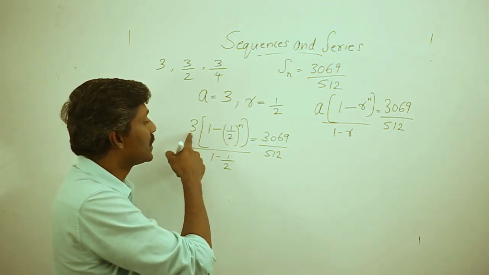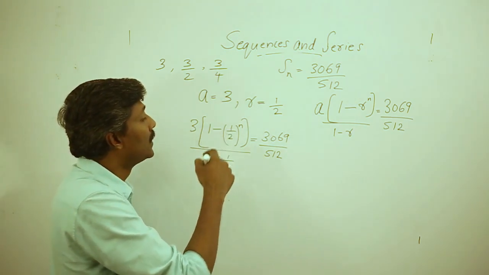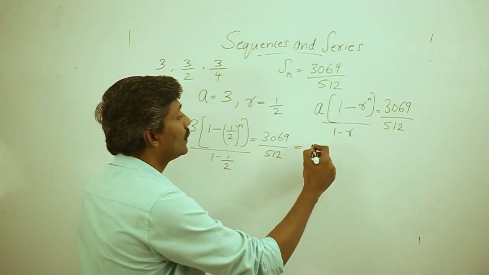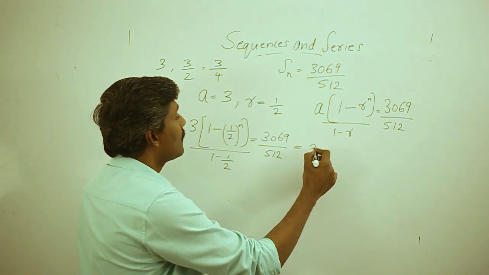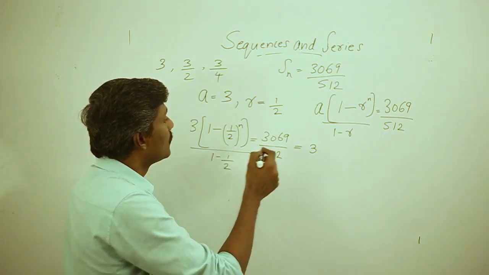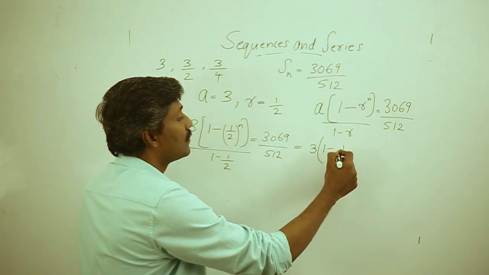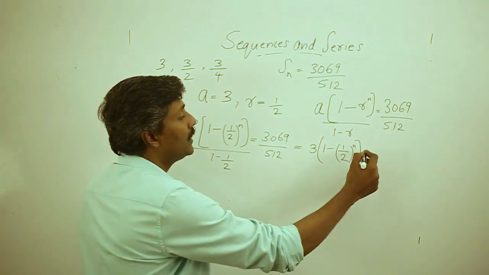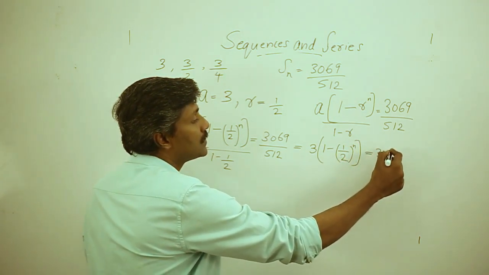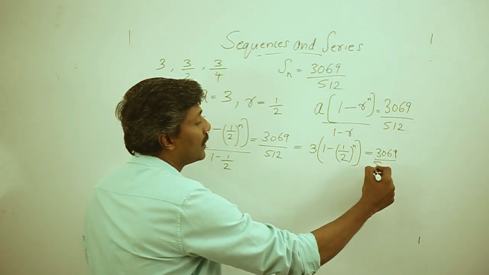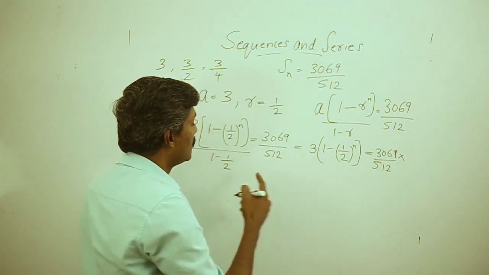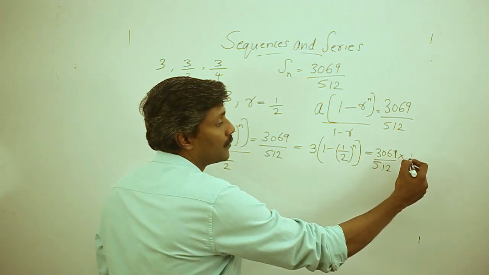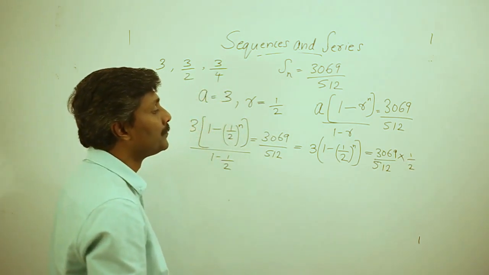So this becomes 3 divided by 1 by 2, and we can write it as 3 into 1 minus 1 by 2 raised to n equal to 3069 divided by 512 into, this is 1 by 2, so it gets cross multiplied, so the 1 by 2 comes here, okay?